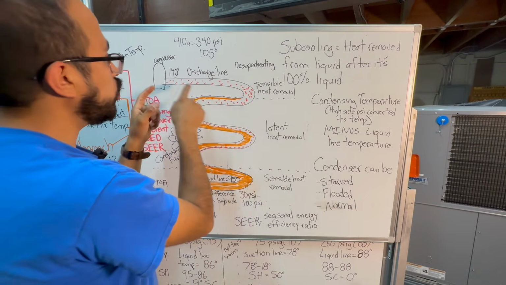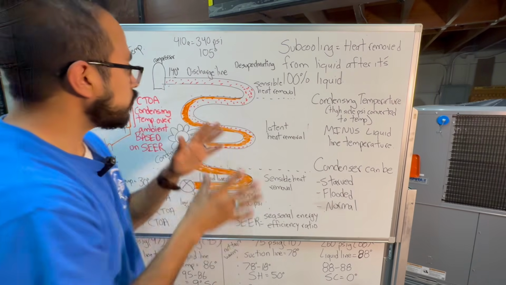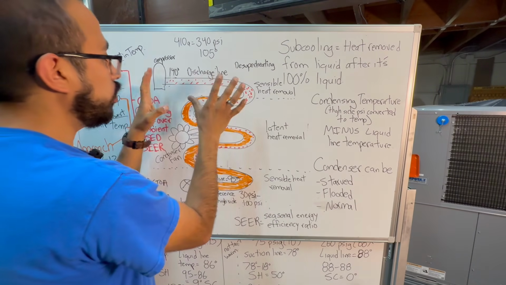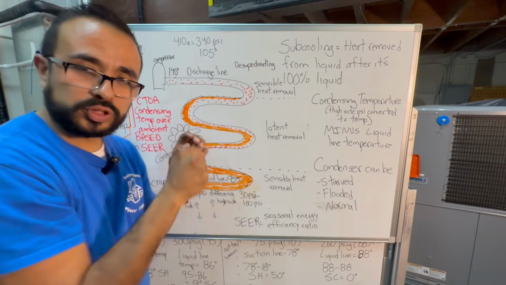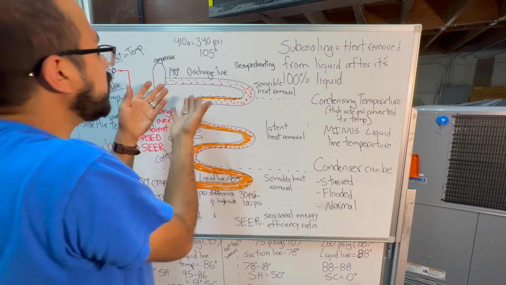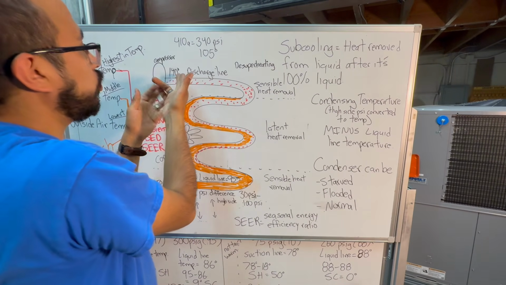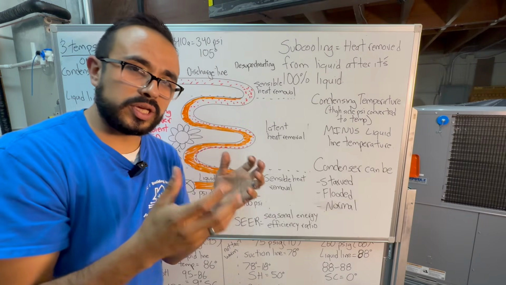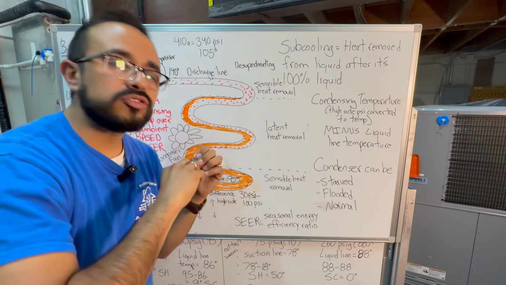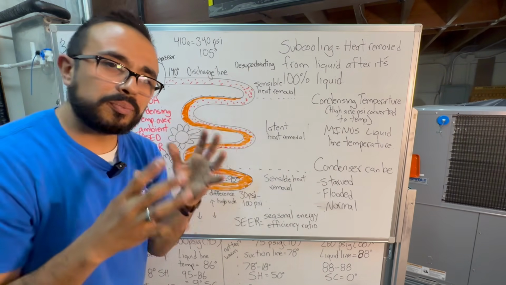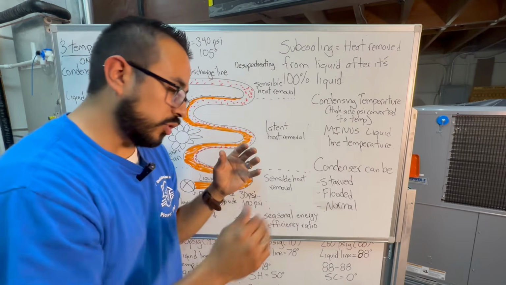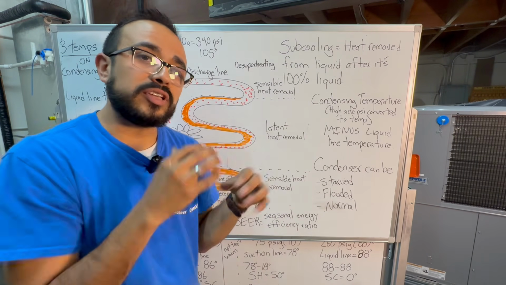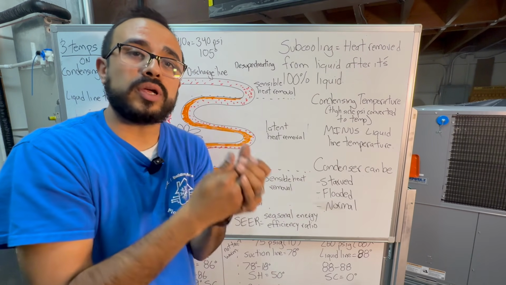On the discharge line, we are de-superheating. So it's vapor only, but it's very high temperature vapor. Right away, at 140 degrees, we lose a lot of sensible heat. It's not latent heat. It just loses temperature. So what temperature does it have to hit so we can get saturated, a mix of liquid and vapor?